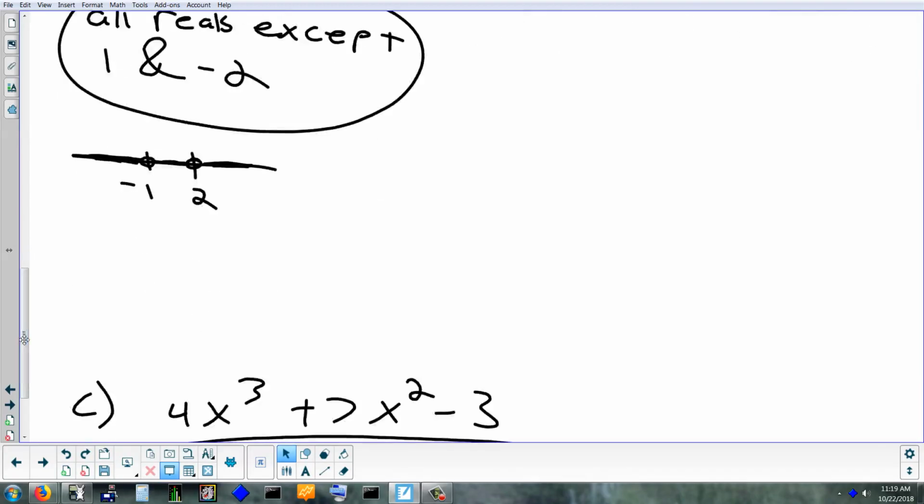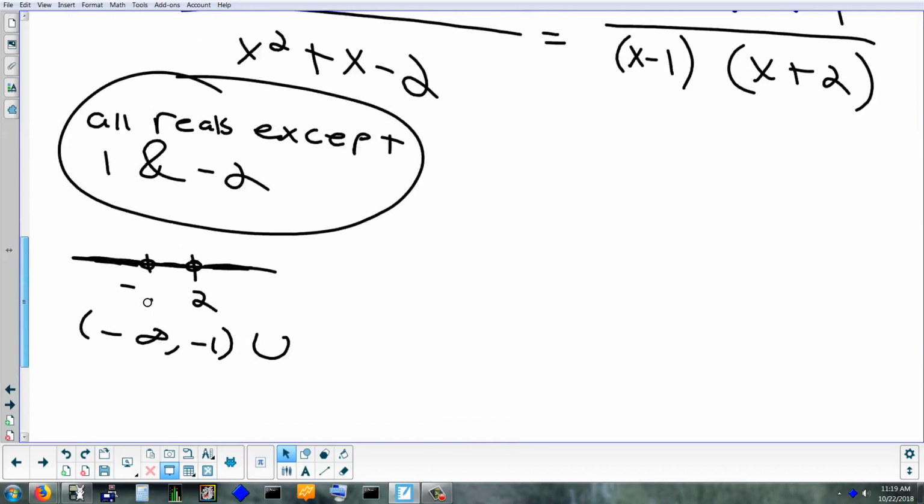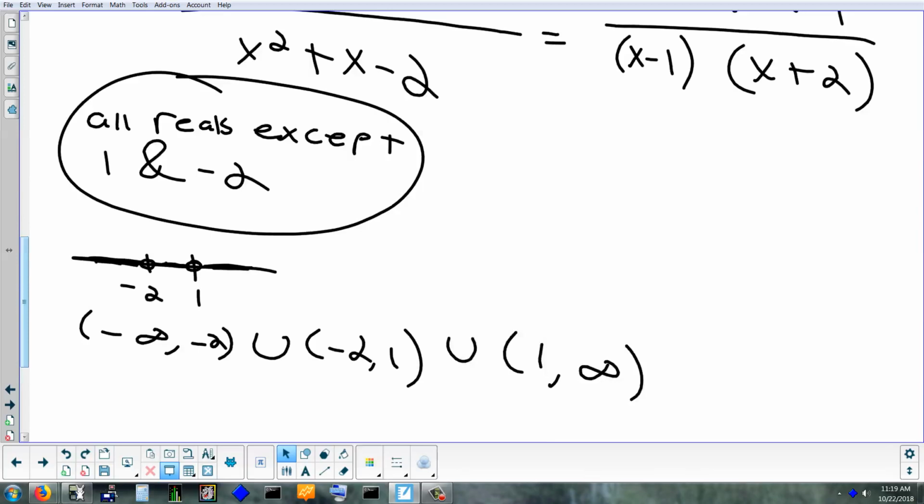You can pick anything from -infinity up to -1, or, now do the next section, -1 to positive, wait a minute, did I switch the numbers? Yeah. Not a huge deal in terms of the concept I'm trying to show, but it's not actually the answer to this problem. So -infinity to -2, or the section in the middle, -2 to 1, or 1 to infinity. So 3 separate sections.